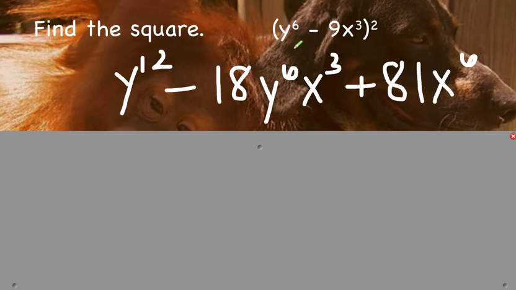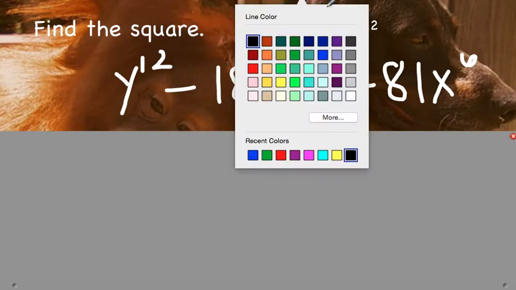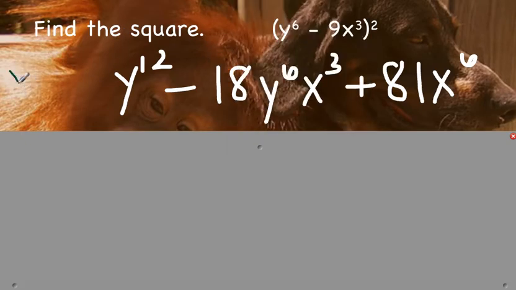So like I said, you're squaring a binomial, so I recognize that I'm going to square this first term, y to the 6, and we're going to square that. So just remember that when we square this, make sure you're recognizing that we have y to the 6 being squared.